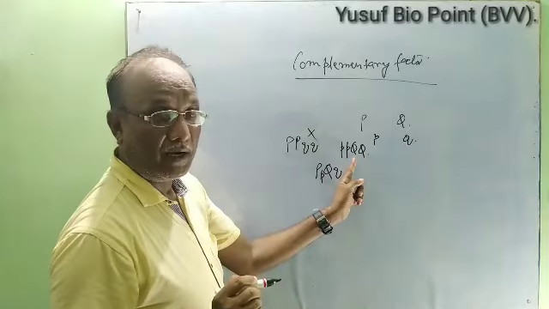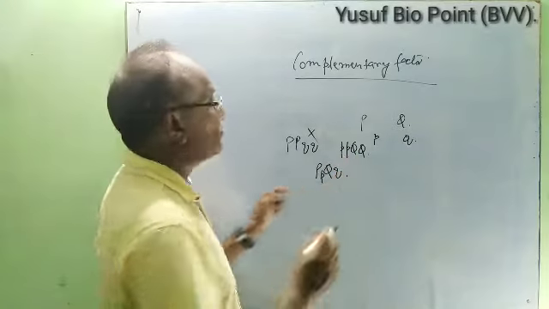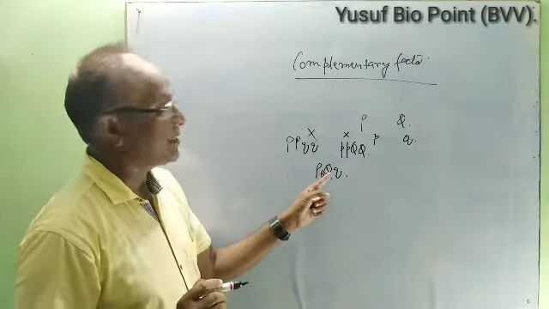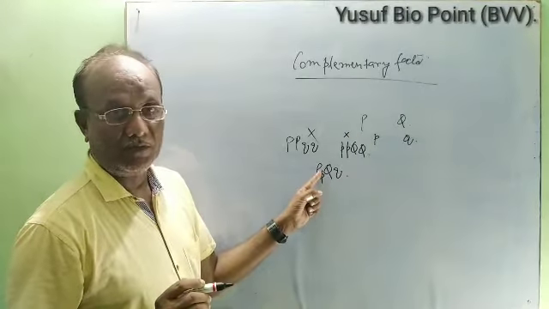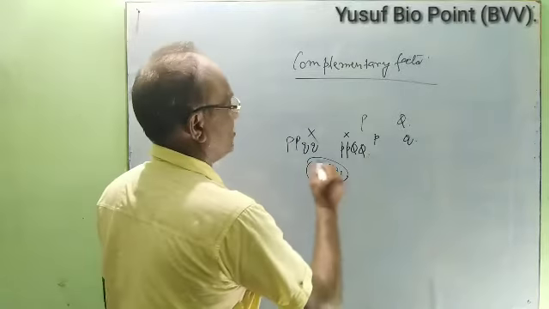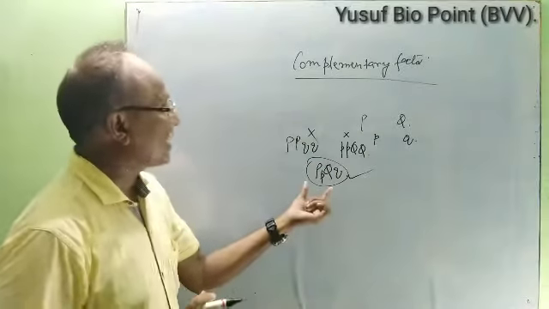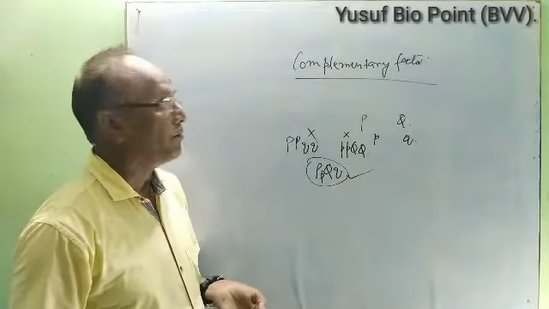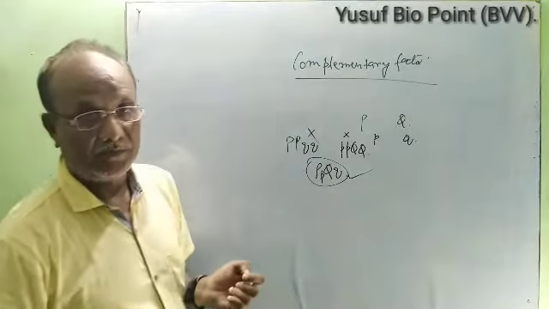Here Q is only in dominant form, so it will also not show its effect. But here P and Q both are in dominant form, now they will show their effect. So such type of action is called complementary factor.